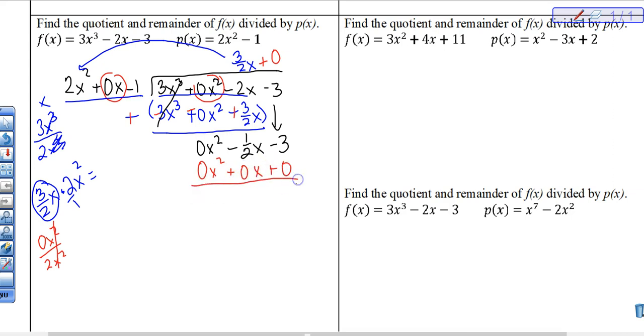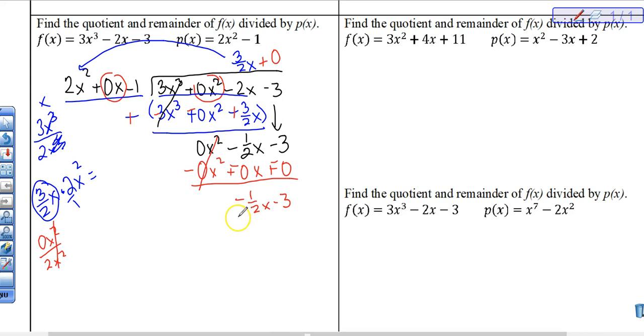And I don't really need to change the signs of that because adding 0, subtracting 0, same thing. Right? I just go in and go, okay, minus, minus, minus. Cancel that out because that's what was supposed to happen. And we get -1/2 x minus 3. That's our remainder. But I am going to give you a little advice. I don't like that.